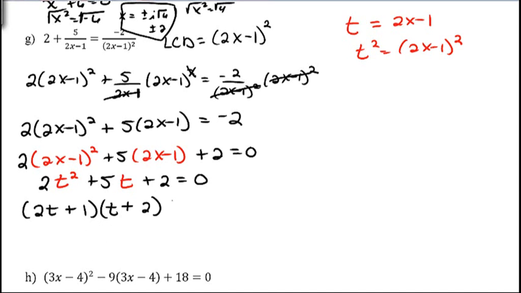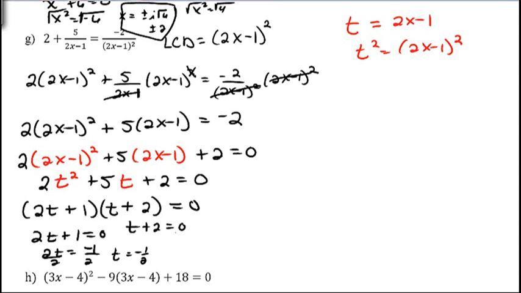And so luckily for us, this factored. Now we would set 2t plus 1 equal to 0. Subtracting 1 gives me 2t equals negative 1, and then divide by 2, I get t equals negative 1/2. And here set t plus 2 equal to 0 gives me t equals negative 2.